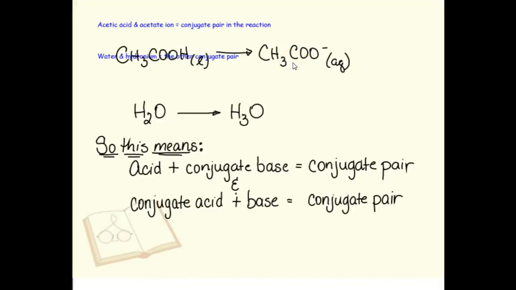The conjugate pair for the other one is the water, because the water starts off as a base and then it goes to an acid, and that's a conjugate pair as well. All right, and they kind of match.